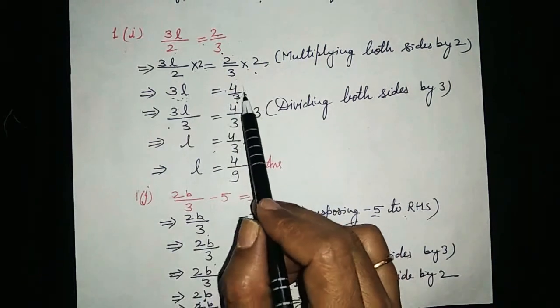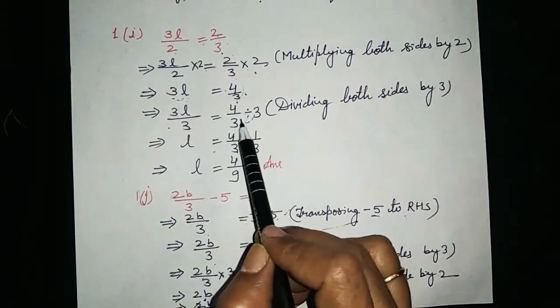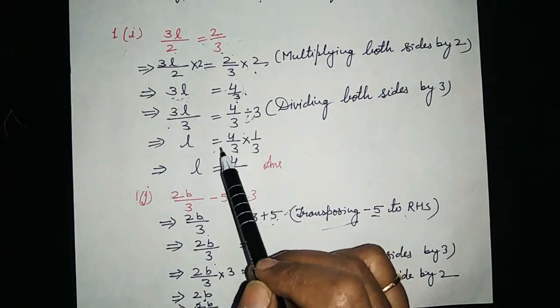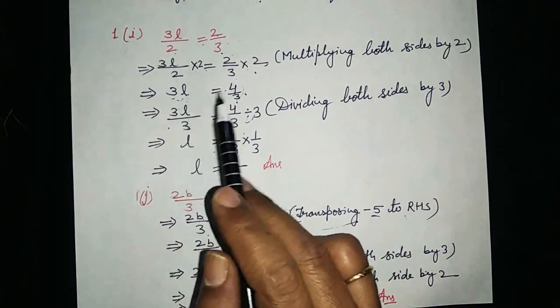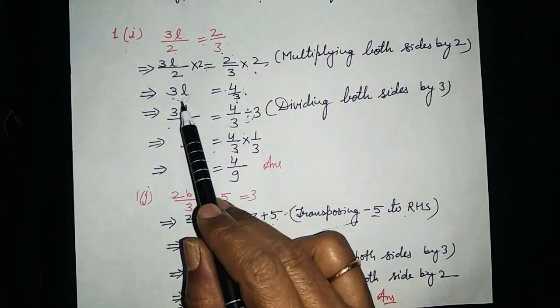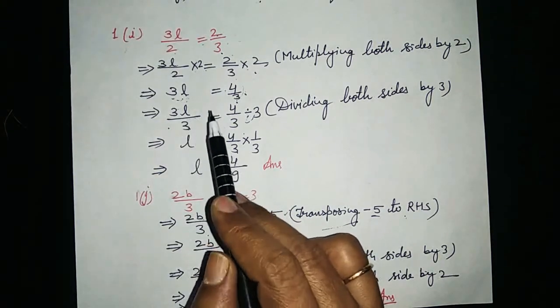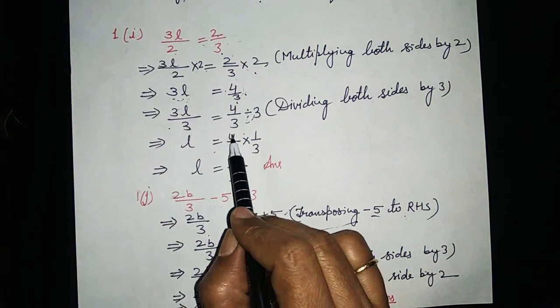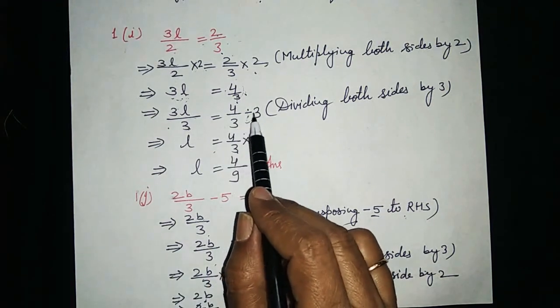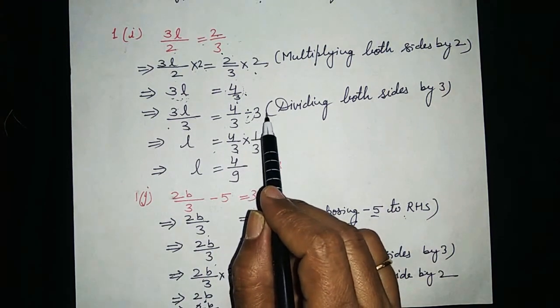And on the right hand side, 4 by 3, you will divide by this 3. So, on the left hand side, 3 and 3, you can cancel. 1 will come, and 1 into L, what will come? L. And on the right hand side, 4 upon 3 divided by 3, given.